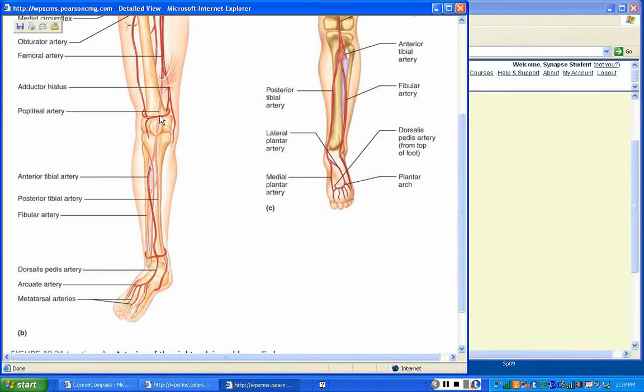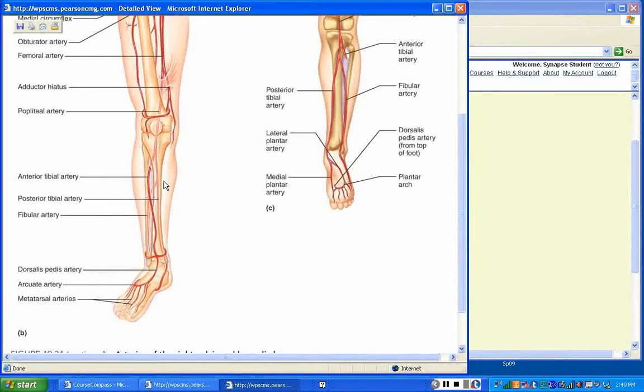Now if you look with me as I trace it down, watch this up here. You see right here's the branch, so one continues to go straight down all the way down there. That's the posterior tibial. And then you will see right here on the posterior tibial, there's a branch that goes to the outside of the foot like this.